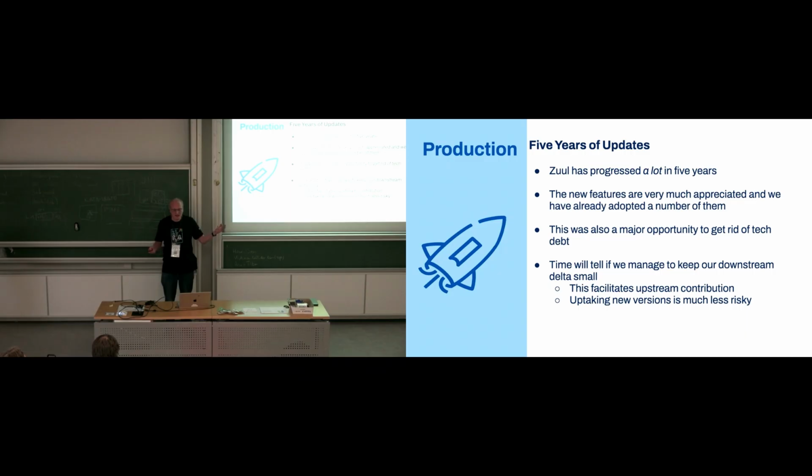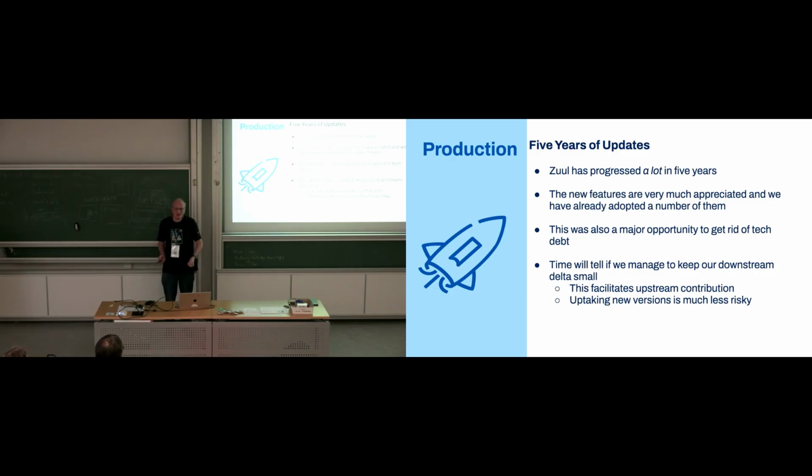So finally, after we've adopted five years of upgrades in one go, Zuul has progressed a lot. If you've seen some of the previous slides, and the things that the BMW folks got, which is going to be in the talk just after this, Zuul has been excellent to us, and Zuul has just gotten better.